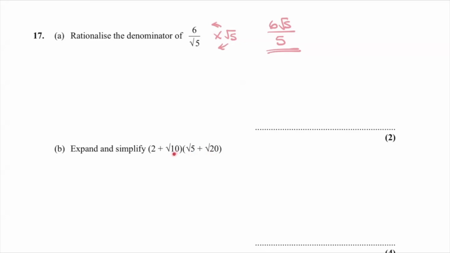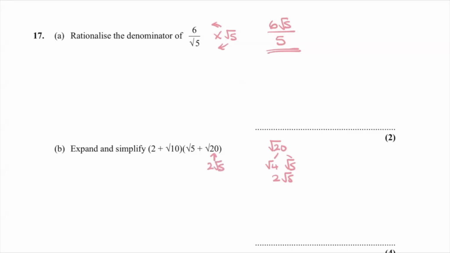Now, 10 isn't going to cancel down and simplify. There's no square number factor, but there is a square number factor with the 20. Root 20 can be broken into root 4 times root 5, which is 2 root 5. So instead of using root 20, I can use 2 root 5.